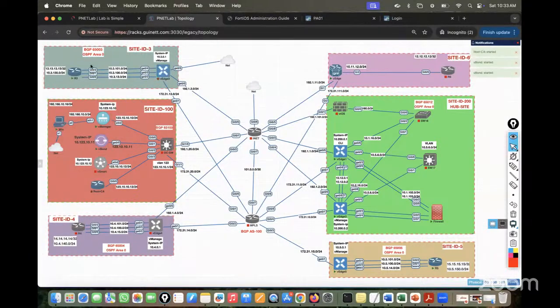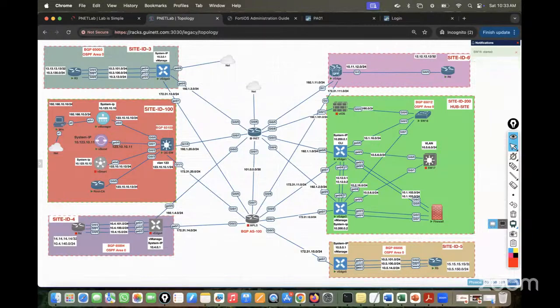All right. So welcome all to the session. Today we are going to start fresh with further discussion about SD-WAN. Yes, please start with a question. Actually, my question is about the topology of the lab.